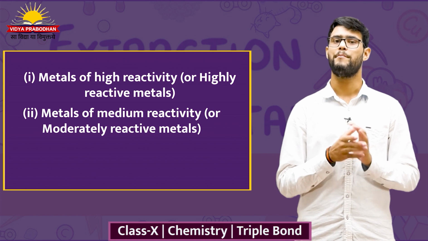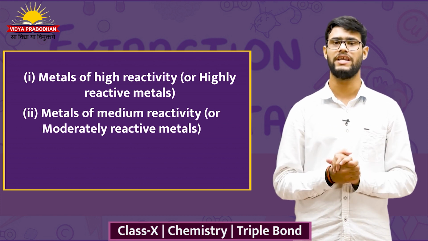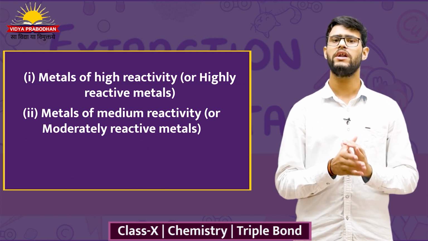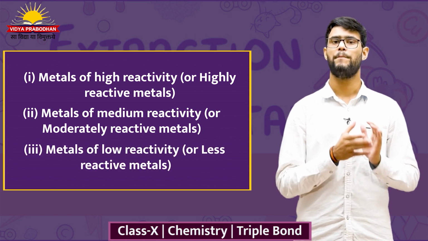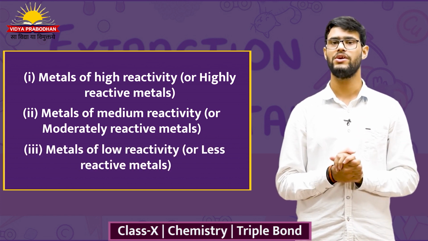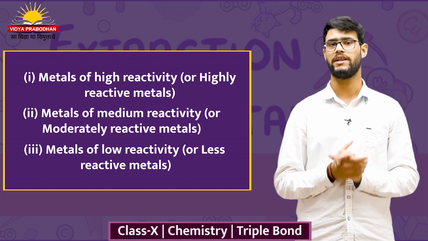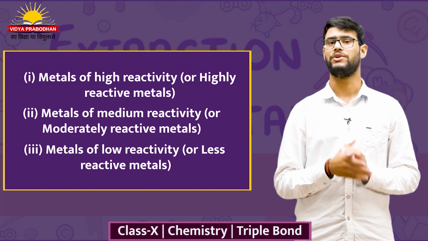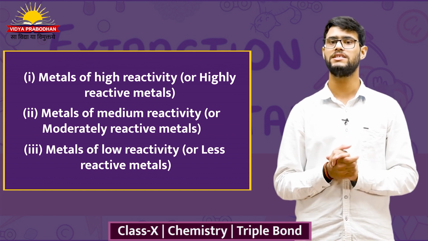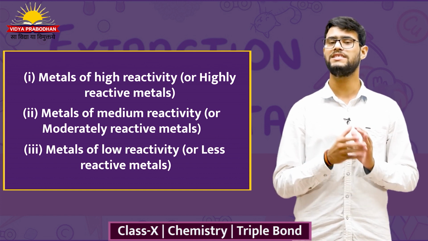Second, metals of medium reactivity or moderately reactive metals. Third, metals of low reactivity or less reactive metals. Different methods are used for extracting metals belonging to these three categories.